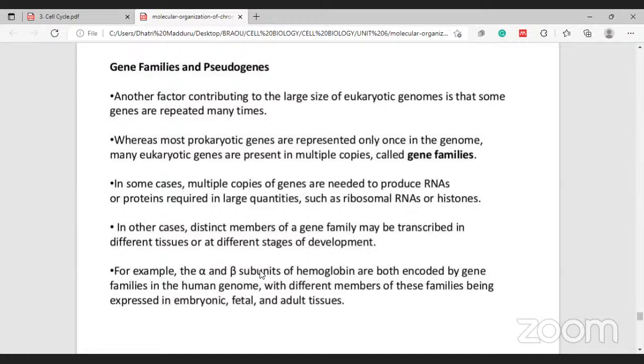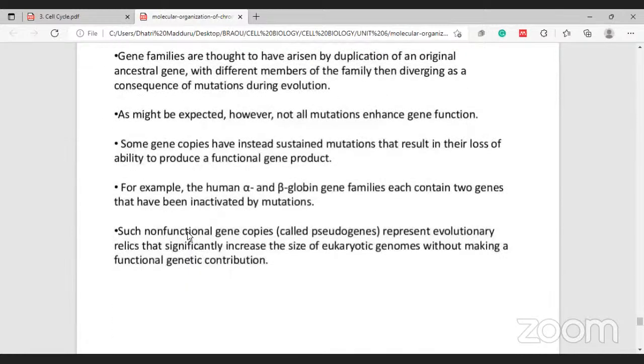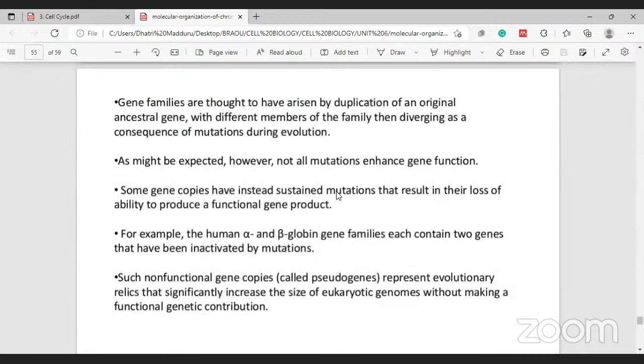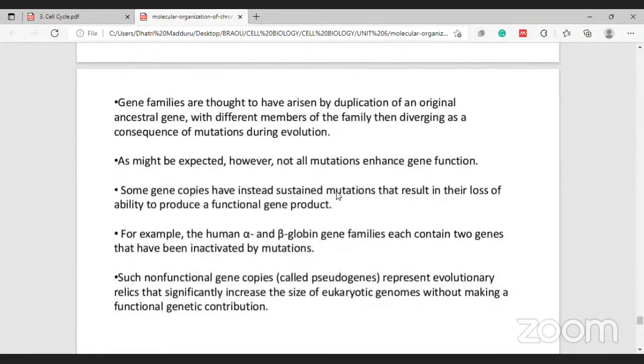And even during pregnancy, at the embryonic or fetal stage, and even in adult tissues, after 120 days the blood cells will be synthesized in the bone marrow, and during that stage we need more expression of these genes. So this is nothing but the duplication of the original gene. That's it. As they are related, we call them gene families.